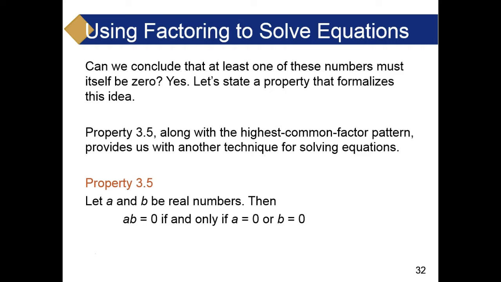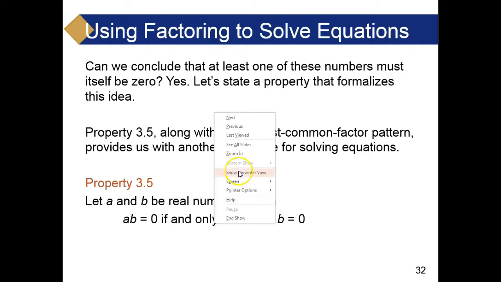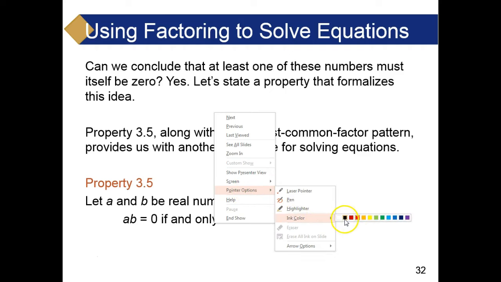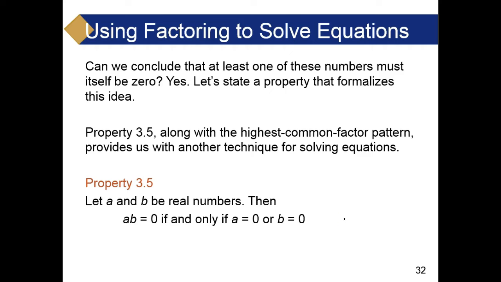You'll also occasionally see something like this. Let me get my pen set up. Okay. So occasionally you'll see this abbreviated IFF, and also you'll sometimes see it done as a double arrow.